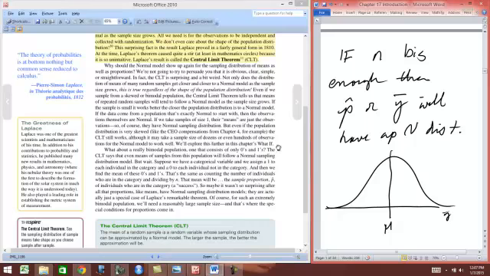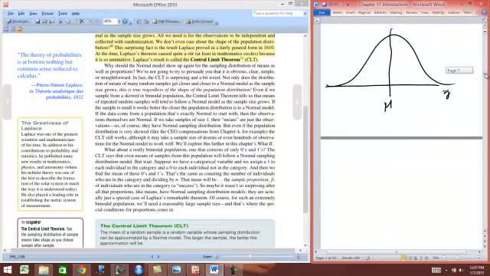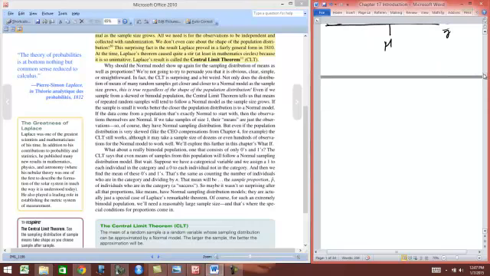Now, this is true even if the population does not have a normal distribution. Now, certainly the population for a categorical variable is what? A histogram of a categorical variable is going to look like a bar graph. Okay? In other words, this would be yes, and this would be no, or whatever. It's not normal.